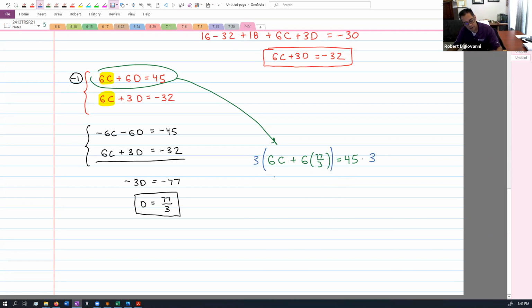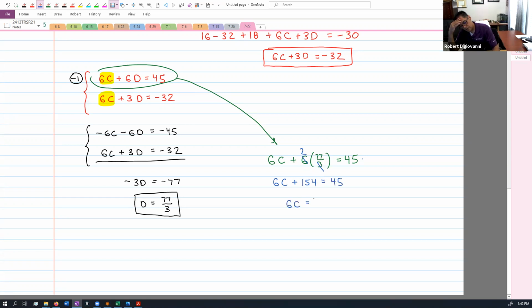Just because I really don't feel like working with fractions. 18c plus, when I multiply, oh wait, hold on, time out. Notice that just reduces, that just becomes a 2. Okay, I'm happy. 6c plus, what's 77 times 2? 154? I think 154. Equals 45.